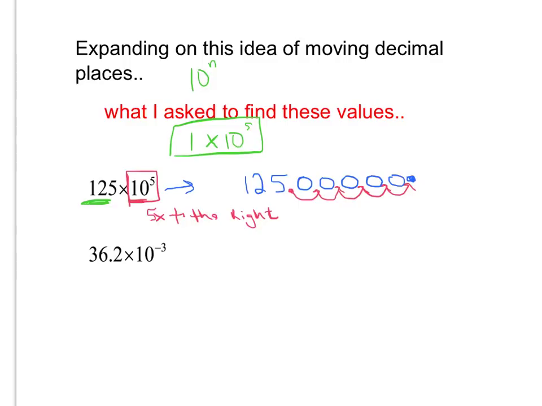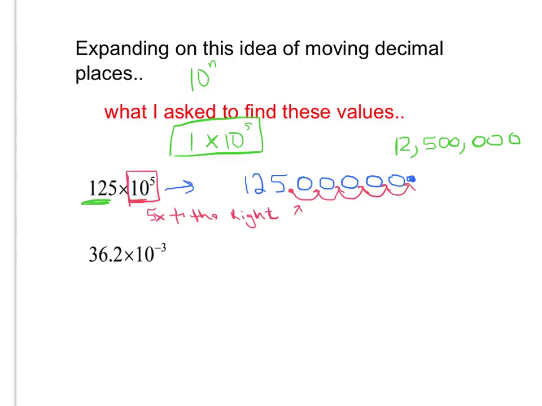Now, if you look at these little loops that I'm making, I'm leaving just enough space to add a 0 in there. And so now I can say that 125 times 10 to the 5th power is actually 12,500,000.